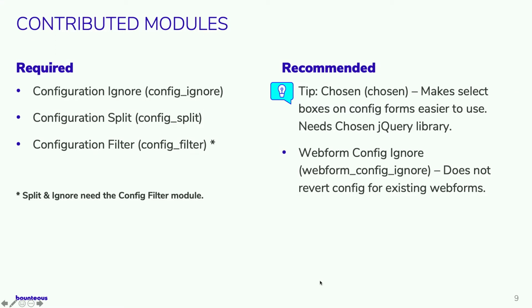An example of that would be, let's say that you're using lots of blocks on the site as content, and you don't want block instances to have to go through code changes in configuration management to get imported on the site. So if you add block.block.* to configuration ignore, your blocks now just live in the environment in which they're on. They don't get overwritten or reverted on configuration import. They just live there, which is awesome.